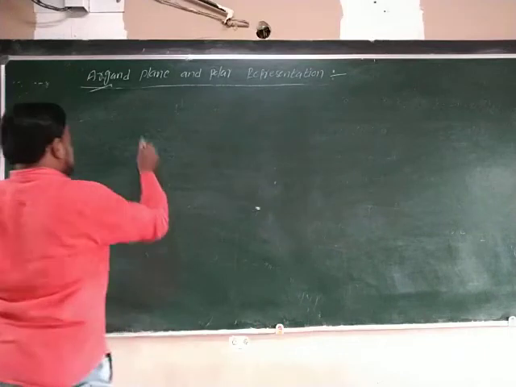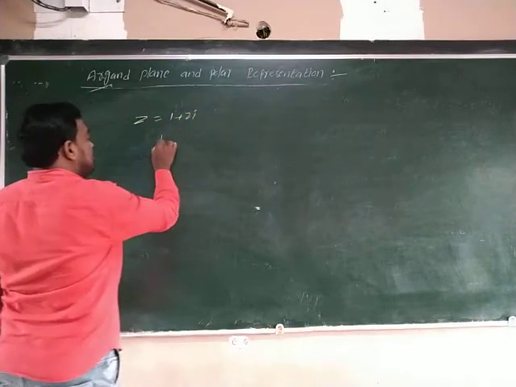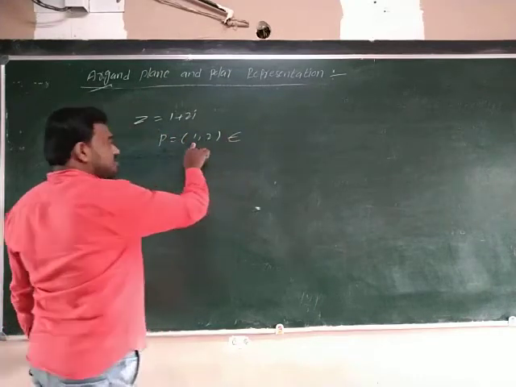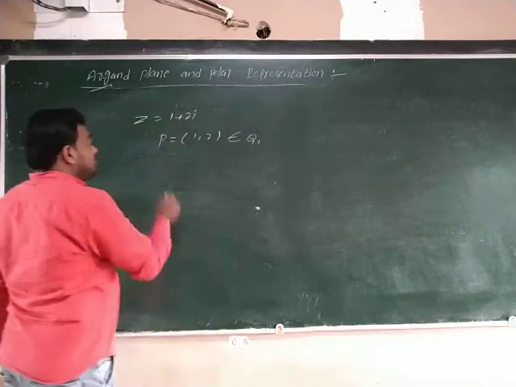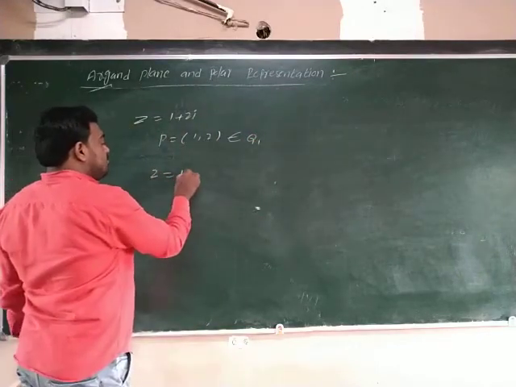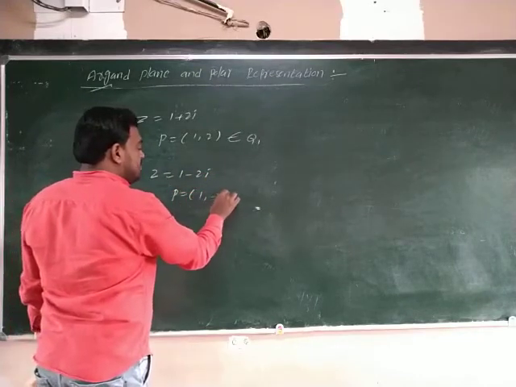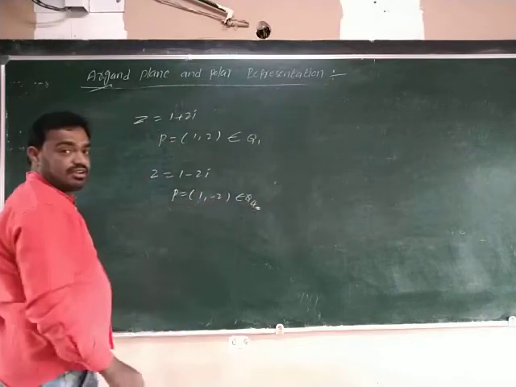For example, z is equal to 1 plus 2i. The point P is equal to (1, 2). Which quadrant? Positive x-axis, positive y-axis means first quadrant. If z is equal to 1 minus 2i, the point P is (1, minus 2), the fourth quadrant.